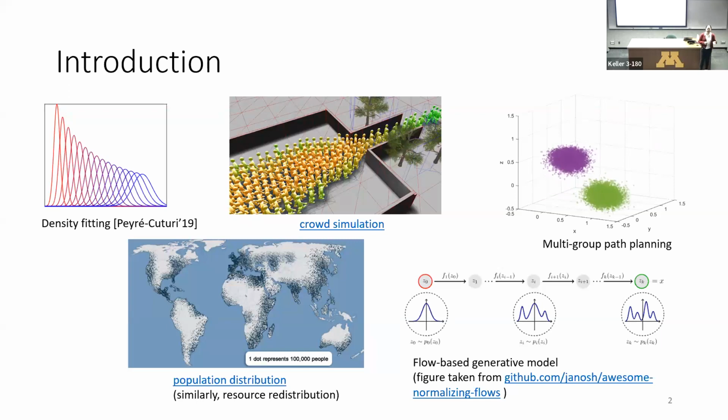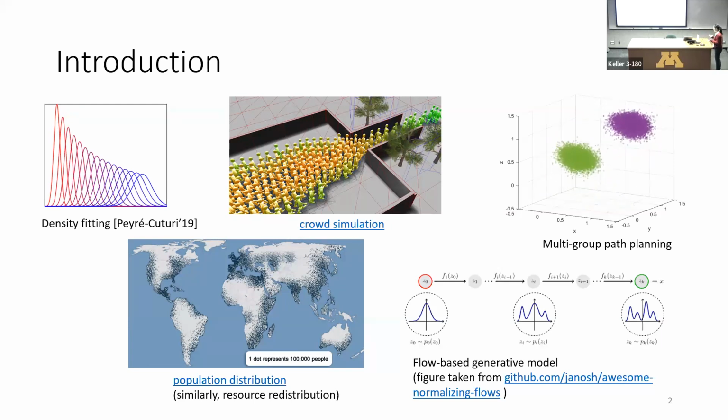And recently, in the machine learning and deep learning community, they study generative models. The key idea of a generative model is you start from a simple distribution, and step by step you evolve your simple distribution to the data distribution you care about.